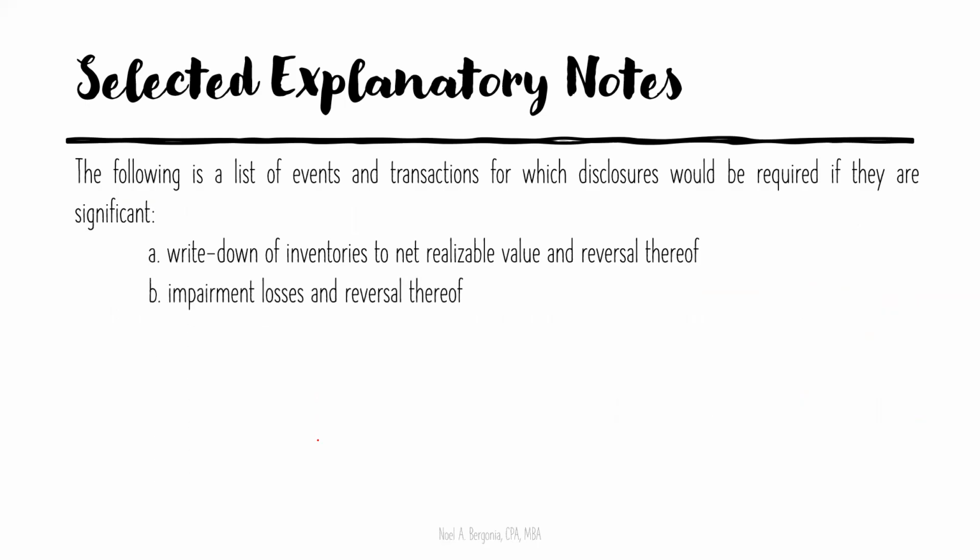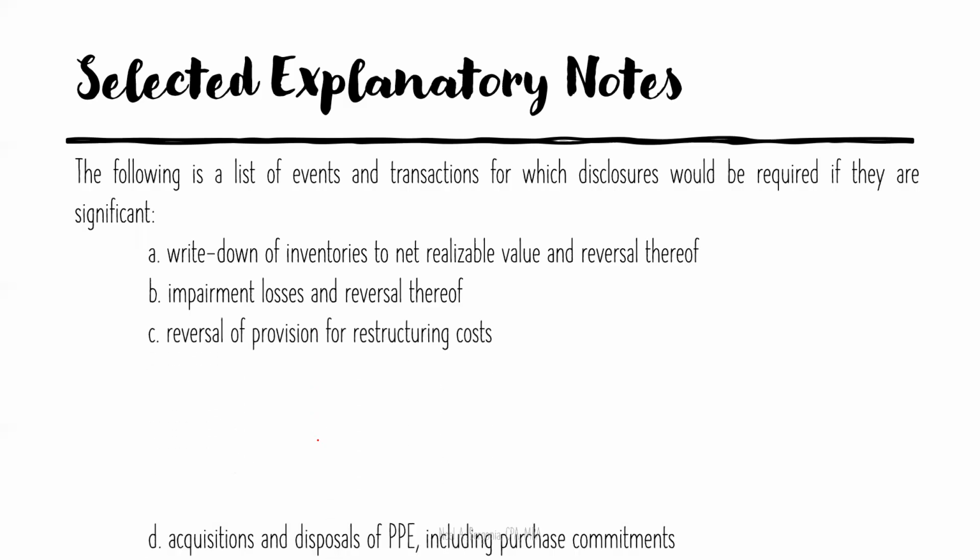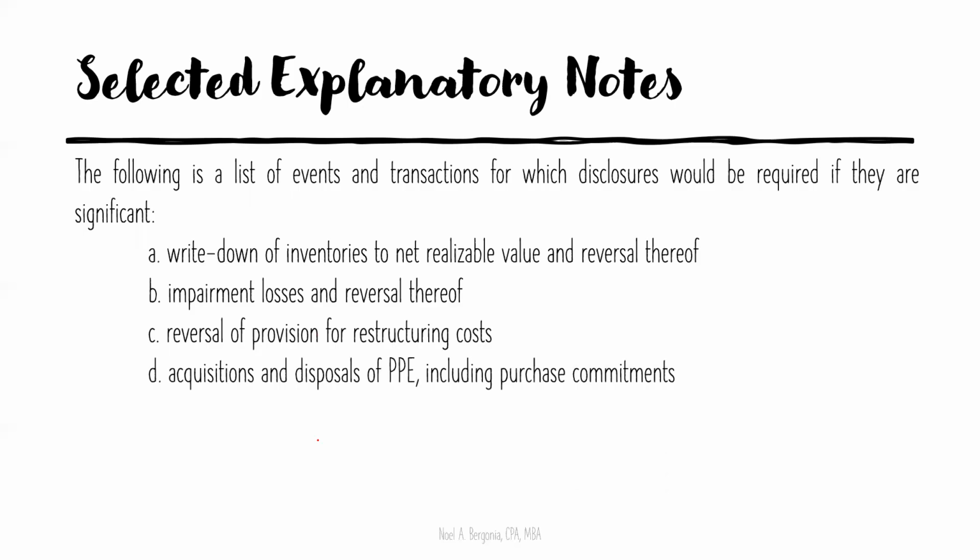Moreover, some impairment losses and reversals, no? We have various impairment losses on financial assets and even in property, plant, and equipment and non-financial assets. Okay, reversal of provision for restructuring costs, acquisitions and disposals ng PPE as well as purchase commitments, okay, mga litigation settlements, correction of prior period errors.